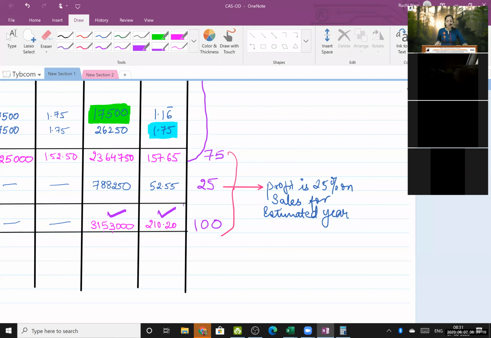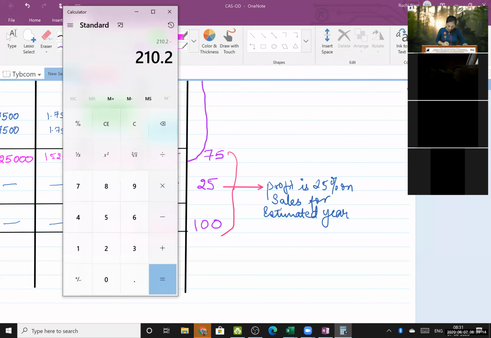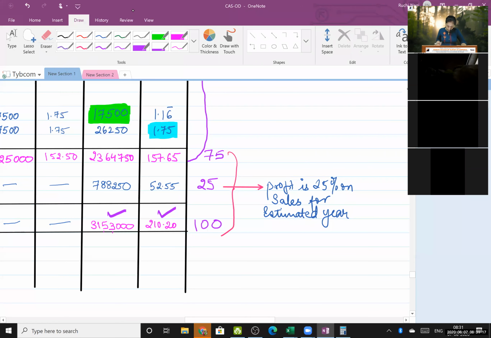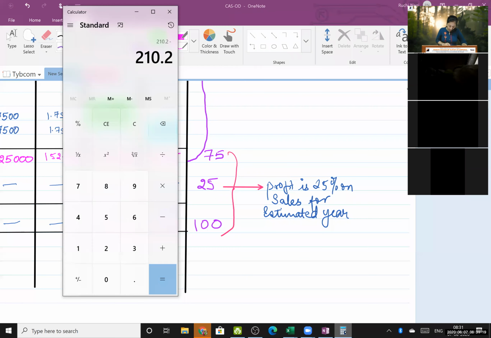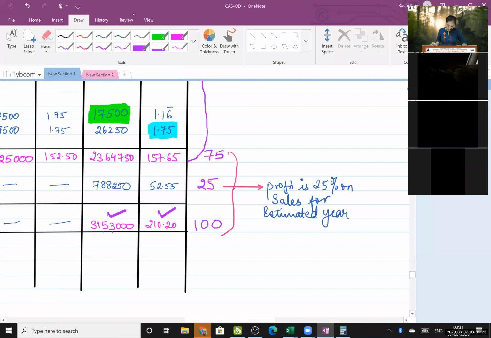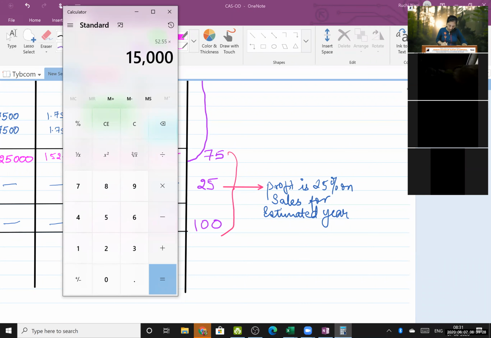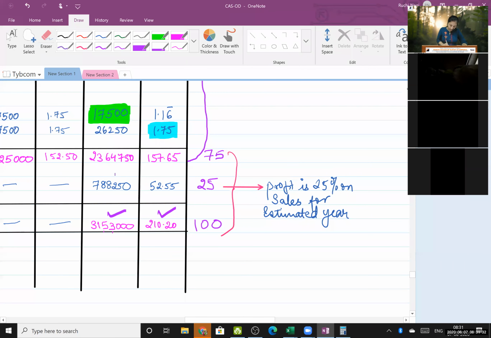Selling price minus cost price is profit. So 210 minus 157.65, so 52.55 multiplied with 15,000, so 7,88,250. That's my profit. Okay. Is the calculation clear?